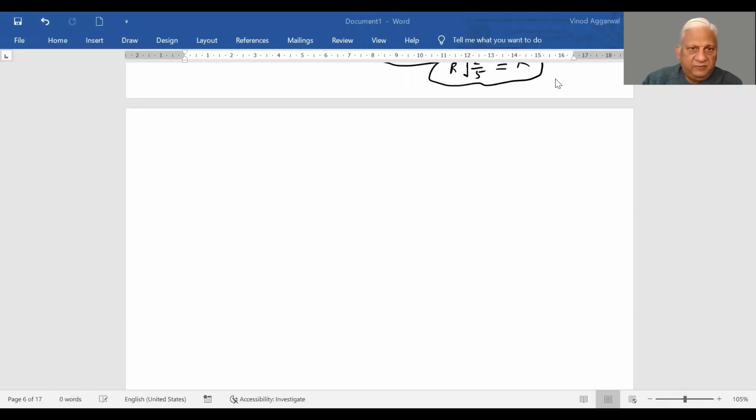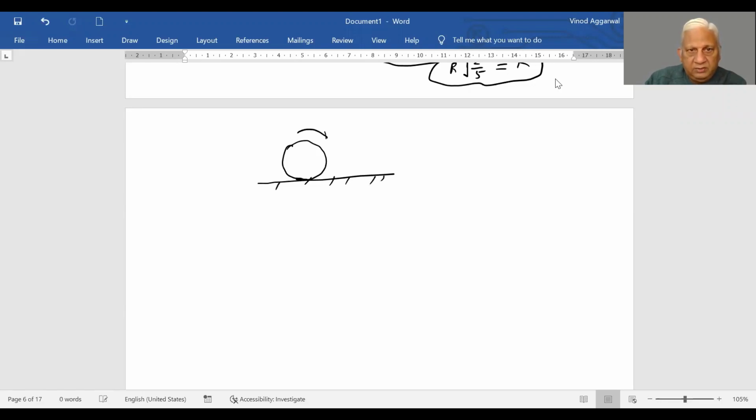I'm sure all of us have at some point ridden a bicycle or a motorbike. Now what happens when you are on a bike and it moves? Two motions happen. Let's say this is the wheel of the bicycle.